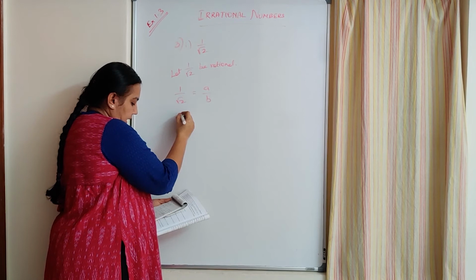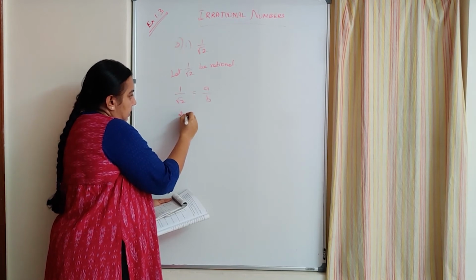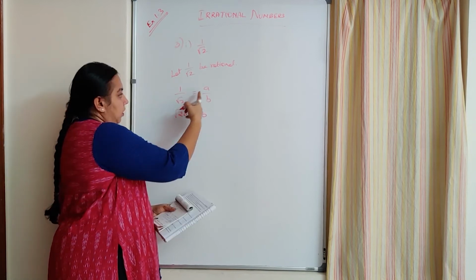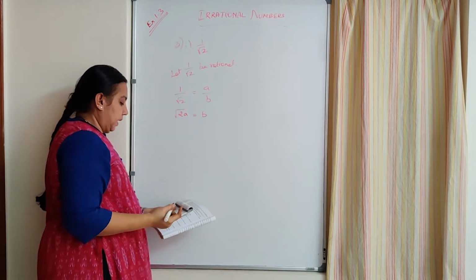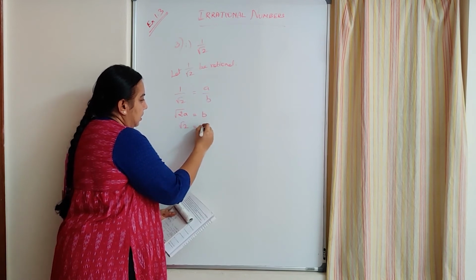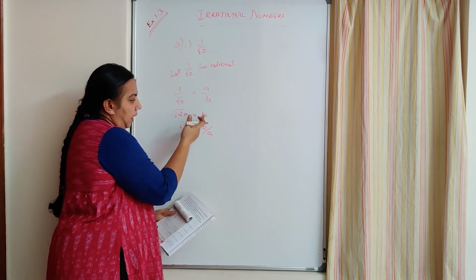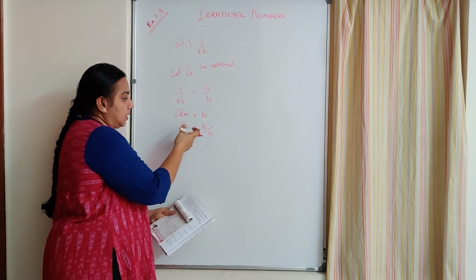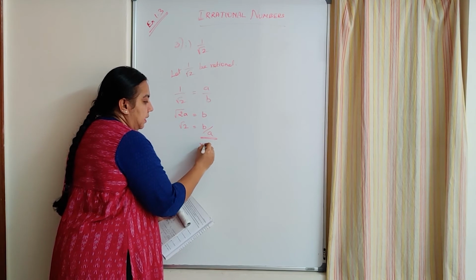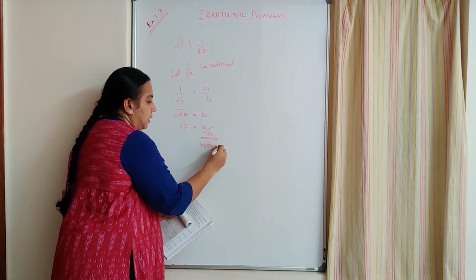And when I cross-multiply, I can write it as square root of 2 a is equal to b. And I can write it as square root of 2 is equal to b by a. And a and b are integers, and so this becomes a rational number. This number is a rational number.